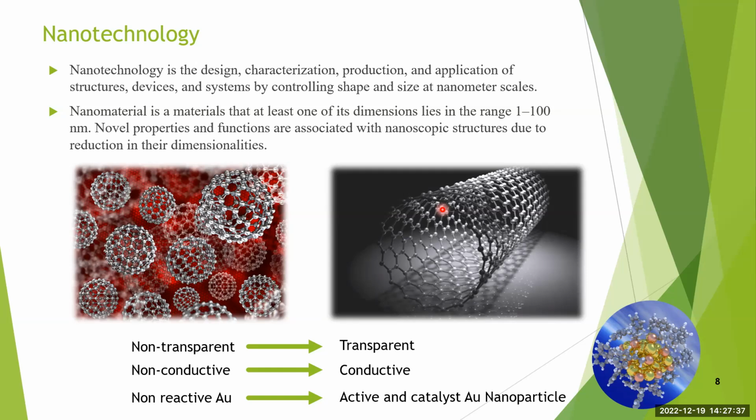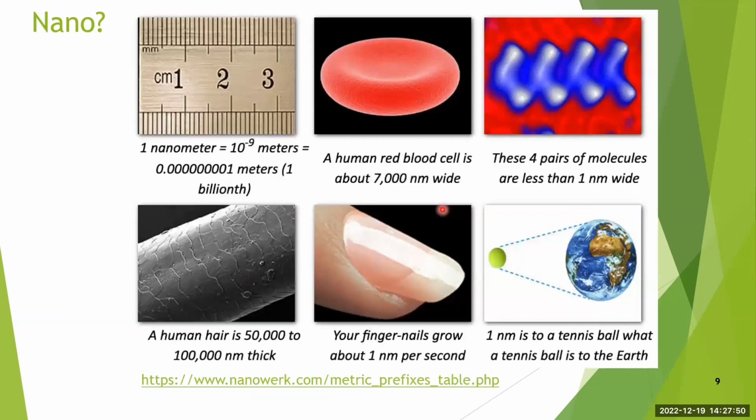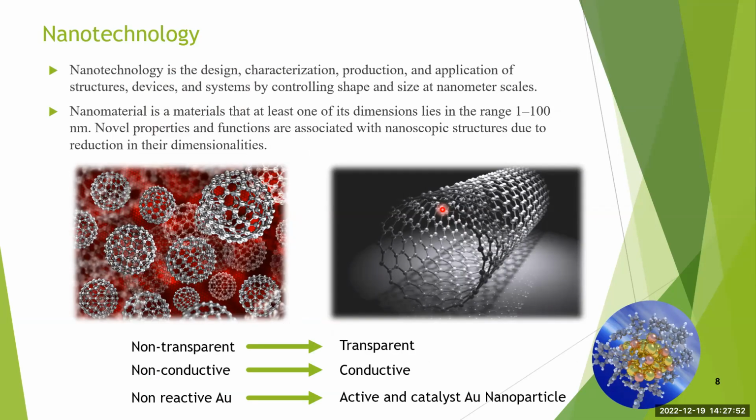Or a material like gold, which is completely non-reactive, and that's why we can wear it every day, becomes completely active or even a catalyst in reactions. Here we want to say why nanomaterials are important. It is not just because the size is small.